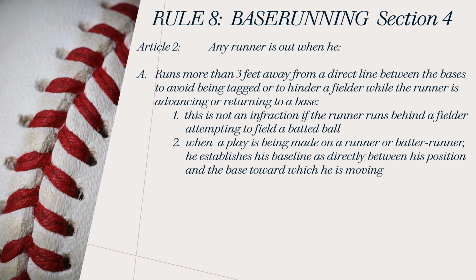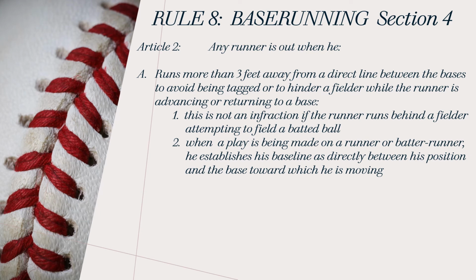This is not an infraction if the runner runs behind a fielder attempting to field a batted ball. So if he's doing his job of trying to avoid the fielder who is fielding a batted ball, then he is allowed to run more than 3 feet away from that fielder so as not to interfere with the play of a batted ball.